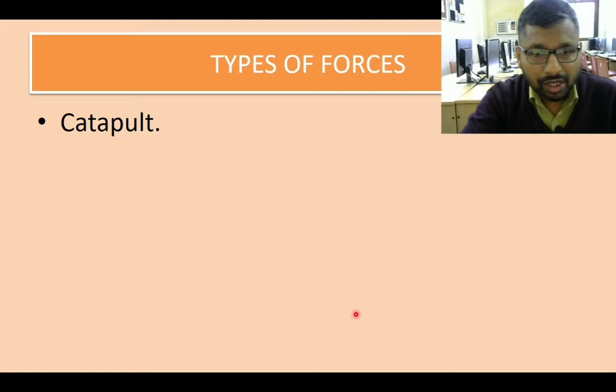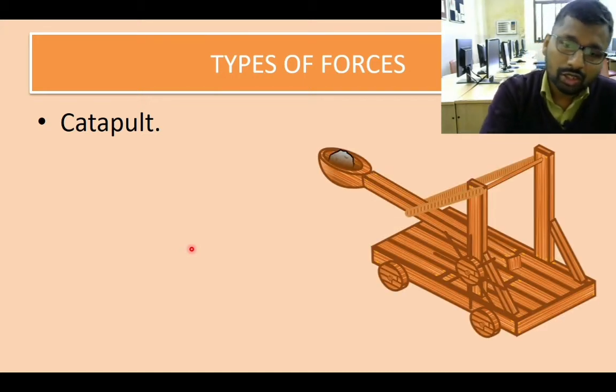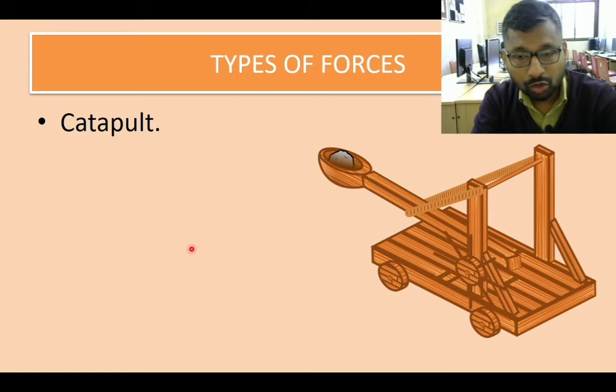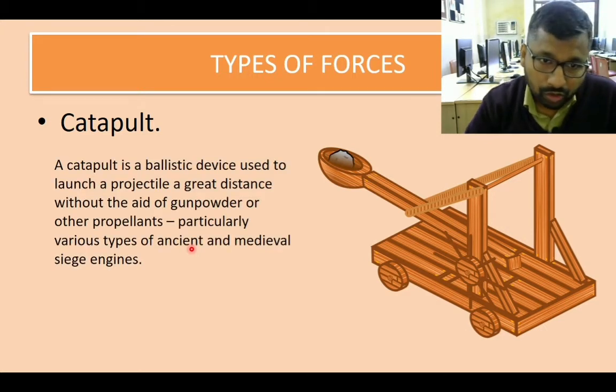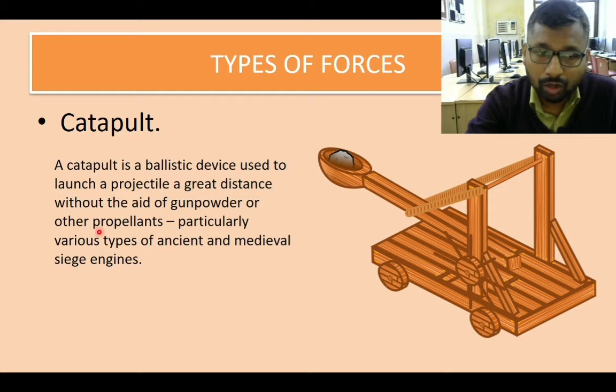Then what is a catapult? Do you have any idea? Maybe you might have heard it for the first time, or you might have heard it already. But let us see what a catapult is. This is an interesting instrument which was used in early days, especially during wartime. It is a ballistic device used to launch a projectile a great distance without the aid of gunpowder or any other propellant that we use nowadays.